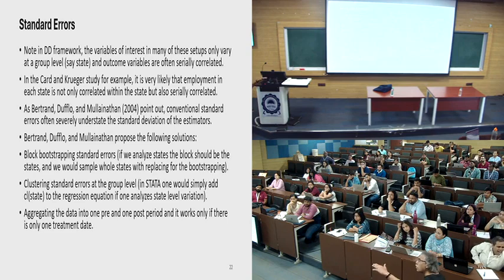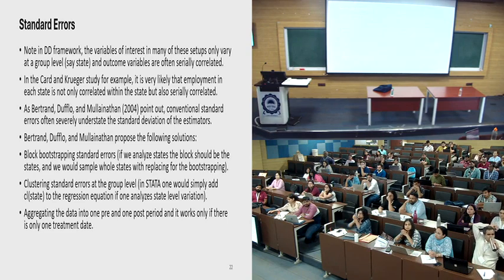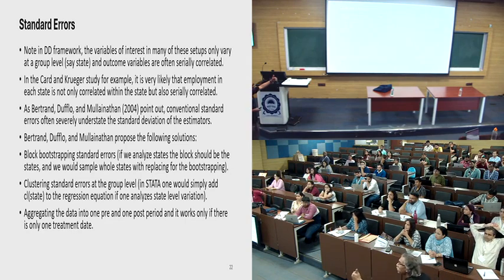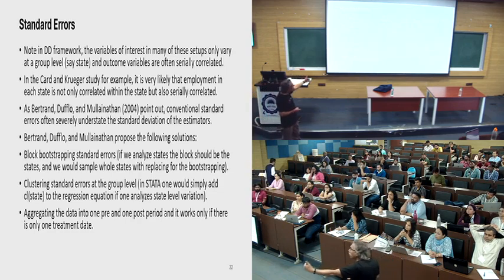So one way you can think of it is that the outcome variables are serially correlated. Hence, I need to do clustered standard errors, right? I may want to think that conventional standard errors severely underestimate, and hence I want to do block bootstrapped standard errors or clustered standard errors.